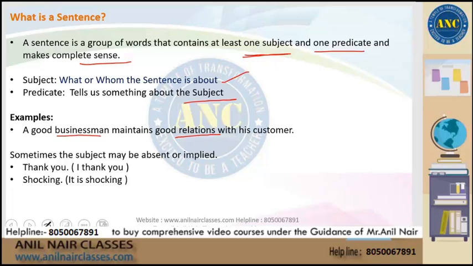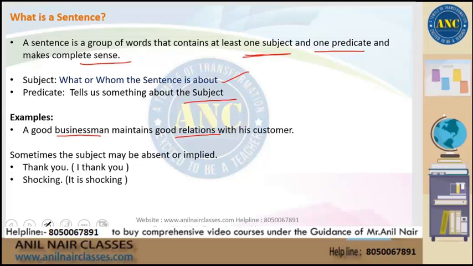A few more examples wherein the subject may be absent, but it is indirectly implied. When you say thank you, you're trying to say, I thank you for your help, for the gift, for whatever it is. When you're trying to thank a person, you simply say thank you, but you're implying that you are thanking that person. The subject is absent, but it is implied.